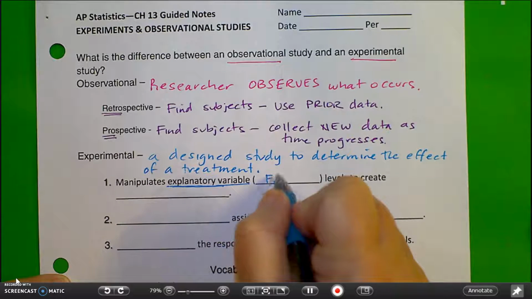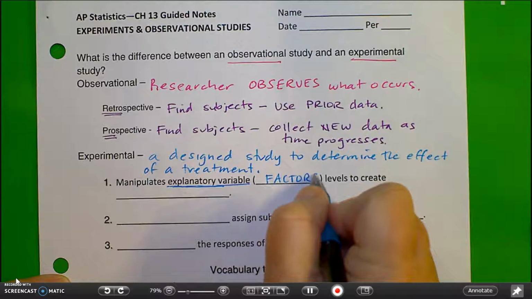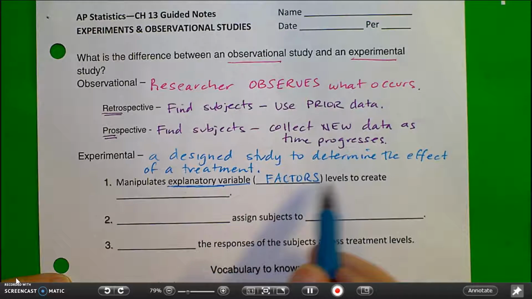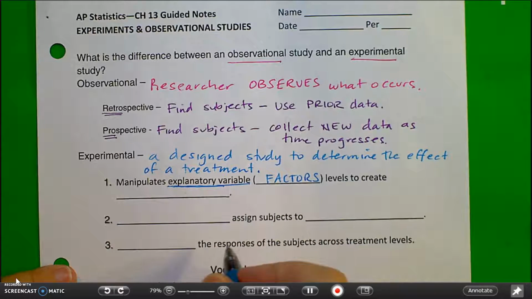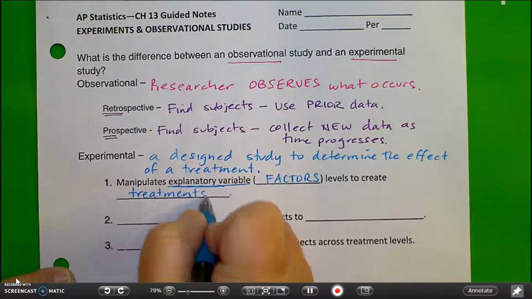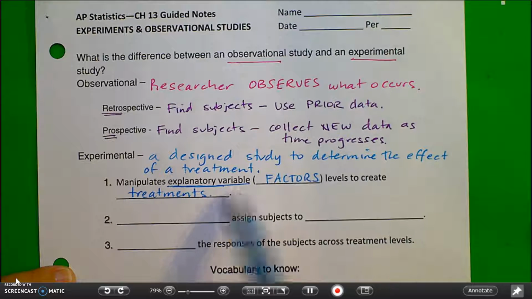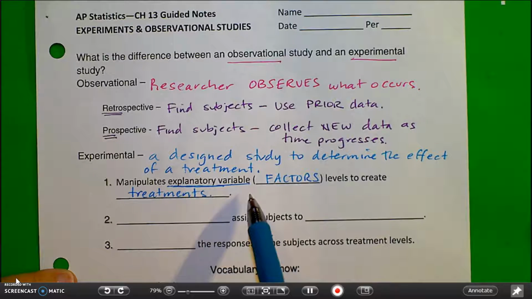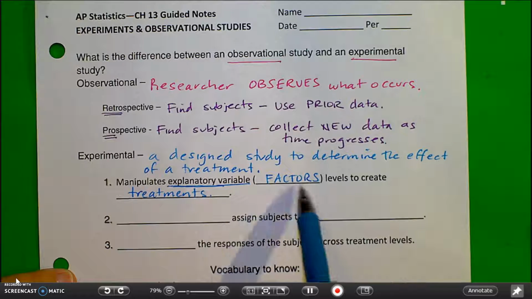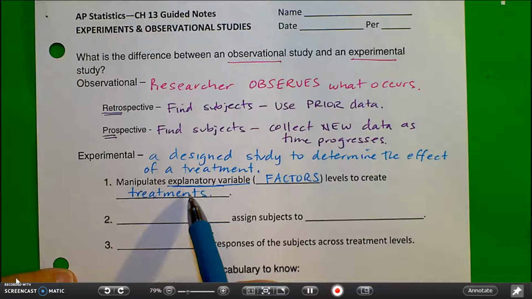These are called factors. Manipulate the explanatory variable levels, or factors, and this creates different treatment levels. An example of this would be a medical study on a new drug. You would have different dosages, perhaps, for the different treatment levels.